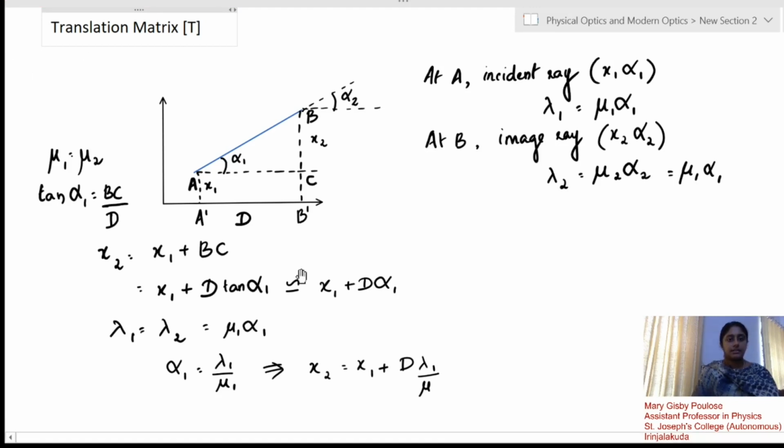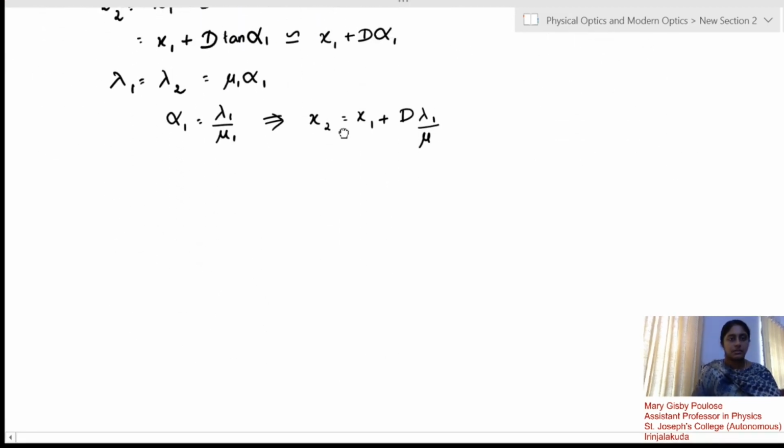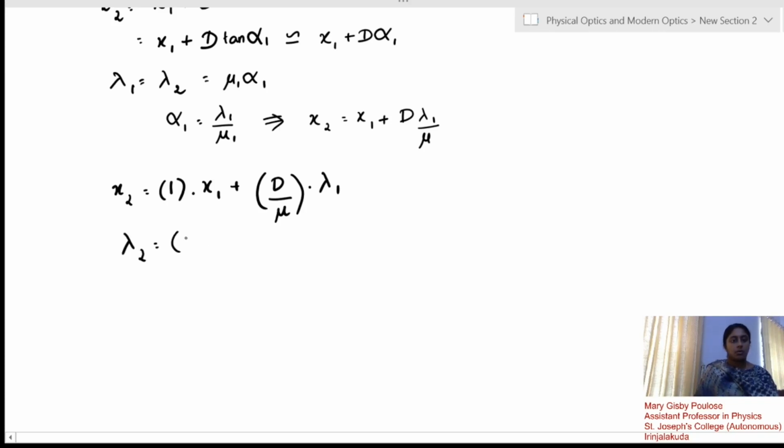Now, further into the equation, I'm going to just rewrite it as x2 is equal to 1 into x1 plus d by mu into lambda 1. And lambda 2 is equal to 1 into lambda 1 plus 0 times x1.